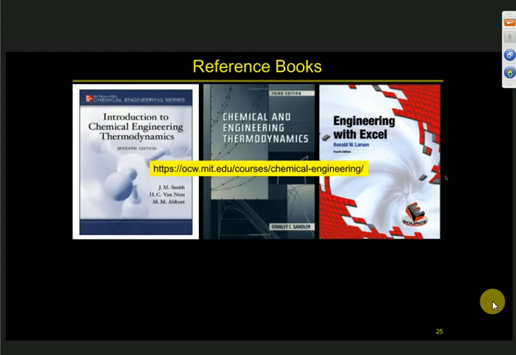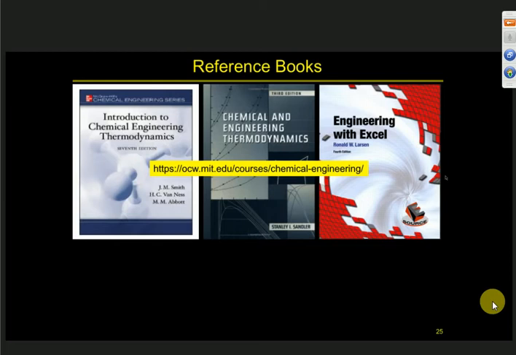And then there is a lot of open source material available, especially from MIT. They have so many courses, and in chemical engineering there is thermodynamics, separations and unit operations, all sorts of things you can use. Nowadays most of us have internet access, so you can look into what they are teaching and what the content is, so you can show it to the students.